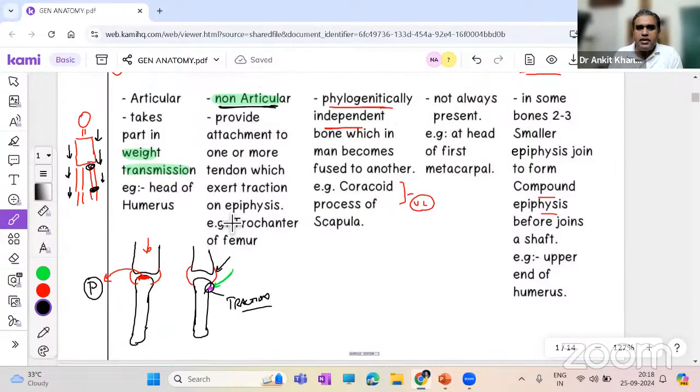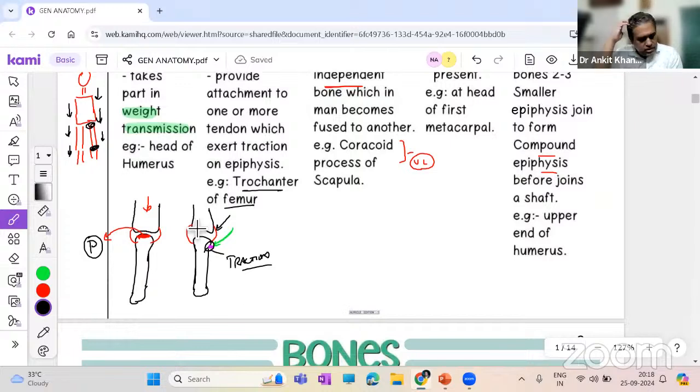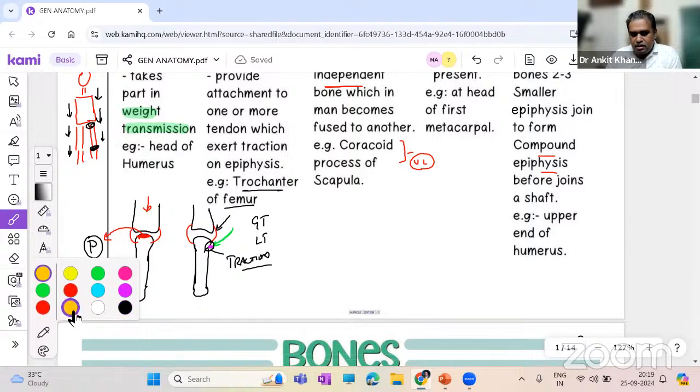It provides attachment to one or more tendons which exert traction, for example, the trochanters of the femur. I told you their names: trochanter, tuberosity, tubercles, so many names are there. In the femur we have a greater trochanter and a lesser trochanter. If you are smart enough and keeping your eyes and mind open apart from your ears, you would like to know which muscle is attached to the trochanters.